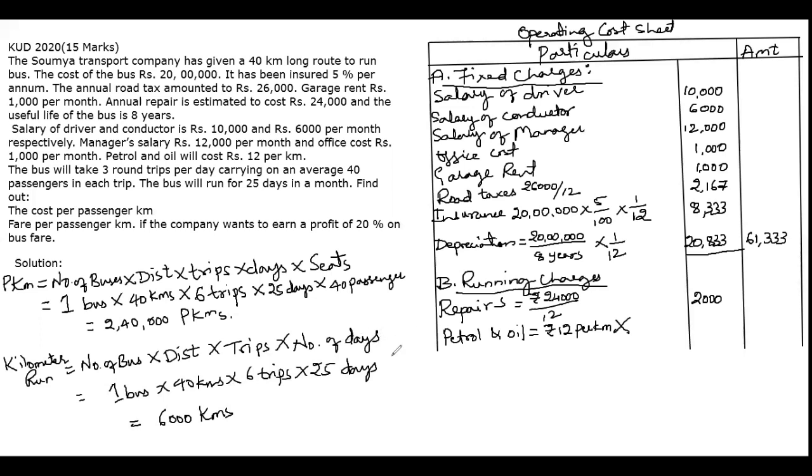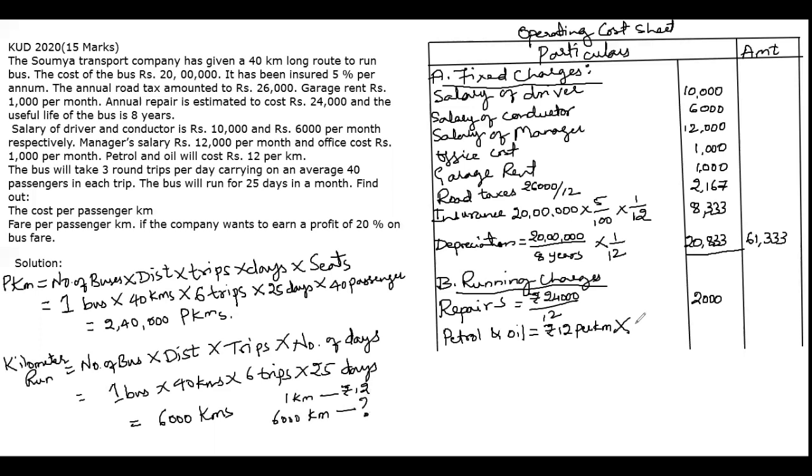So now what's given in the problem? Petrol and oil is rupees 12 per kilometer. So for 1 kilometer, it is rupees 12. So for 6,000 kilometers, what will be the cost?